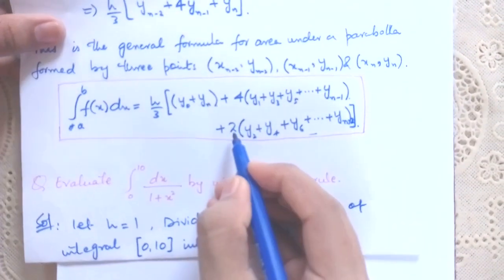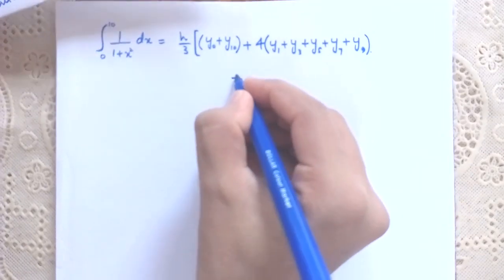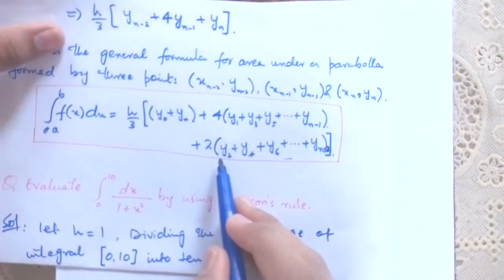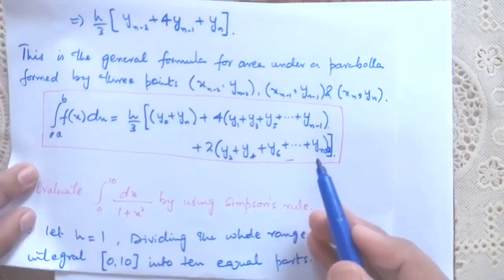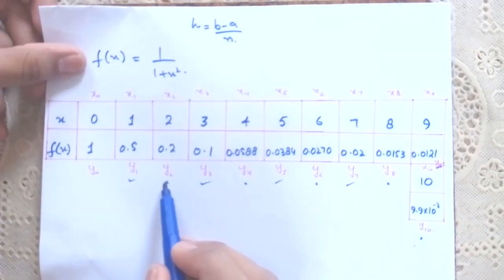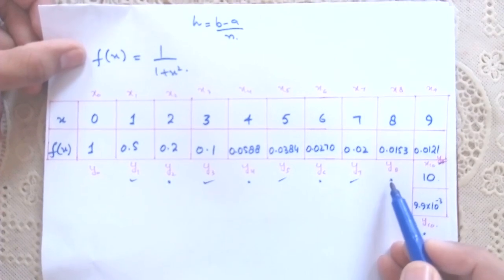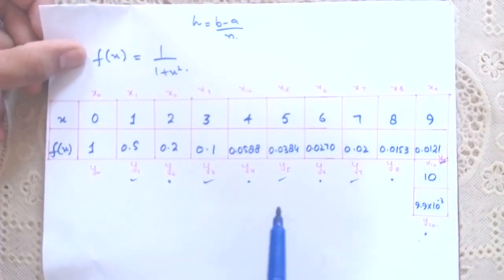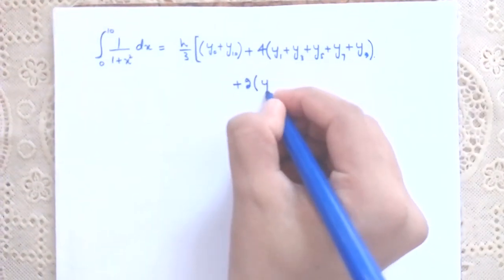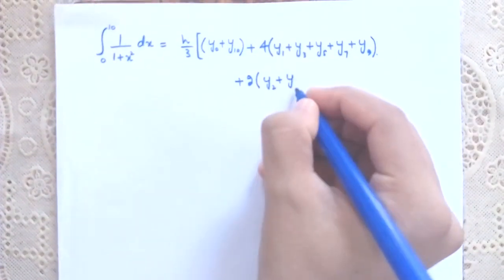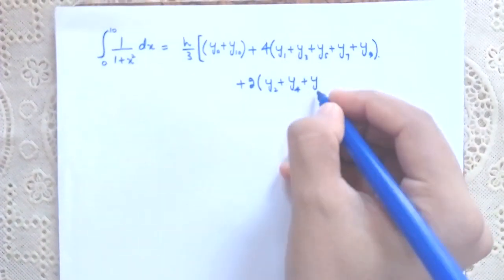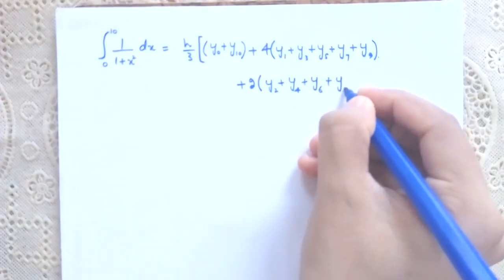Now plus 2 and y with even subscripts. So y with even subscripts y2, y4, y6, and y8 because we have written y10. So 2 (y2 plus y4 plus y6 plus y8)].